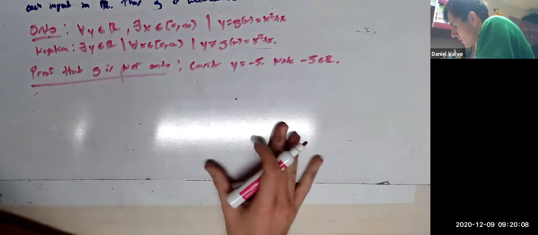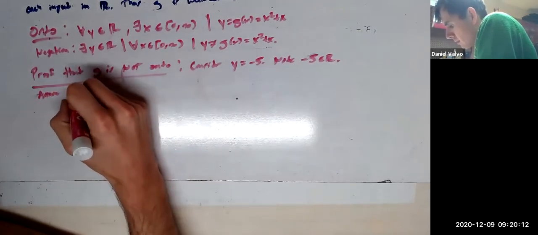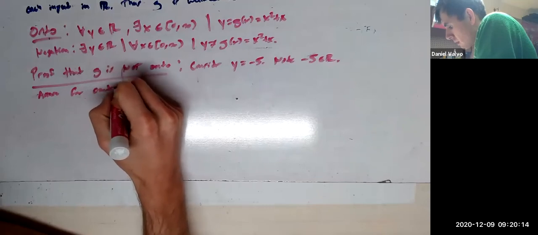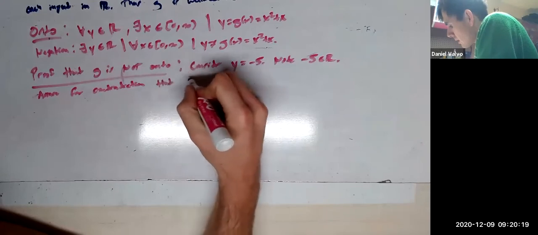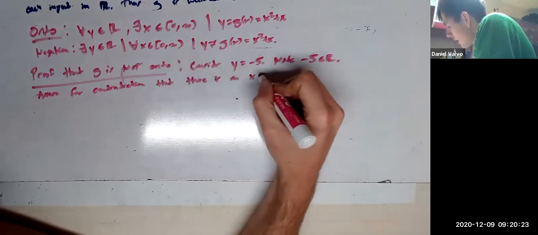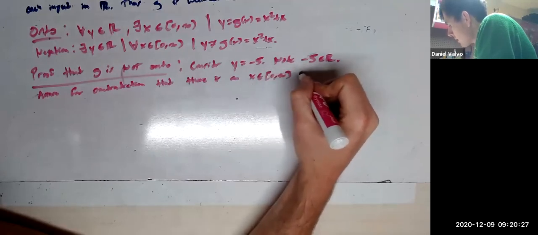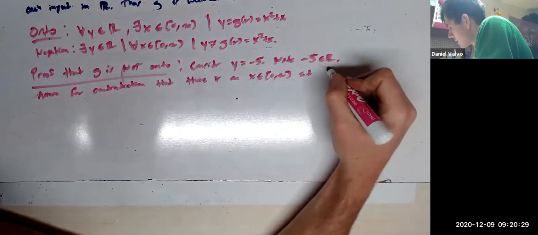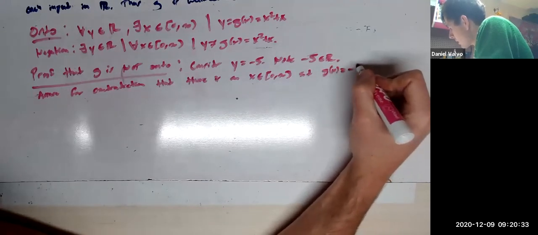So assume for contradiction that there is an x in the domain 0 to infinity such that g of x equals -5.